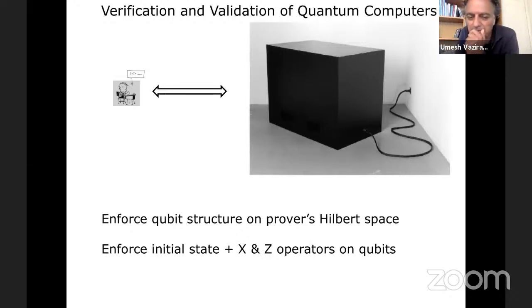So if you look at these attempts at verification and validation, the issue that ends up being quite central is: how do you enforce a qubit structure on the prover's Hilbert space? And how do you enforce both an initial state as well as X and Z operators on these qubits?